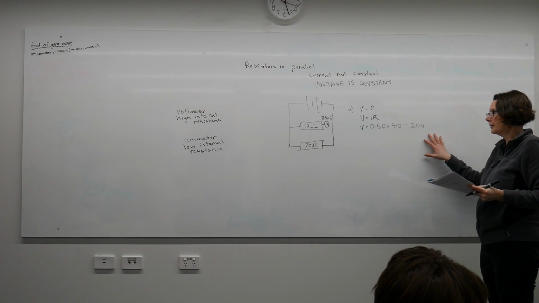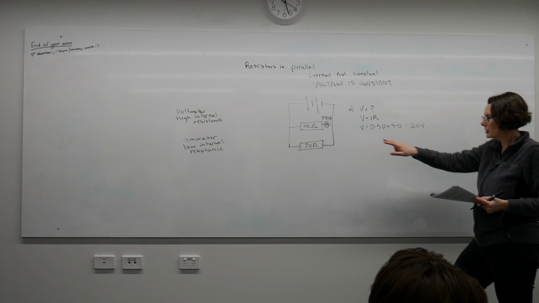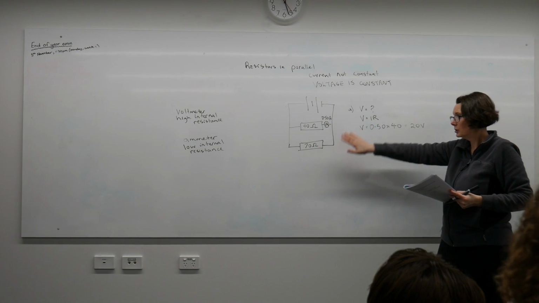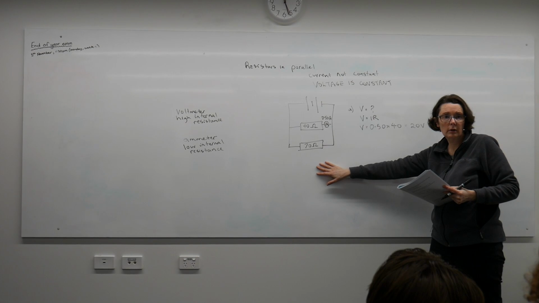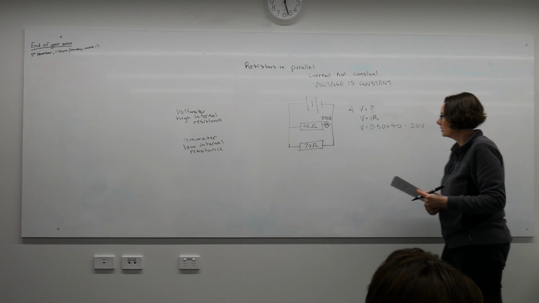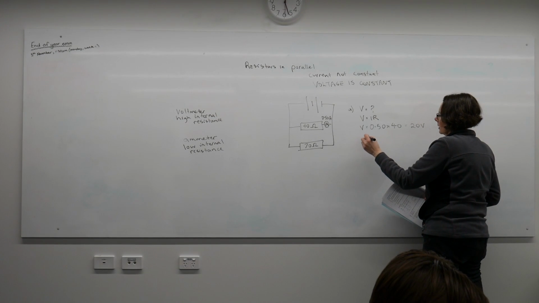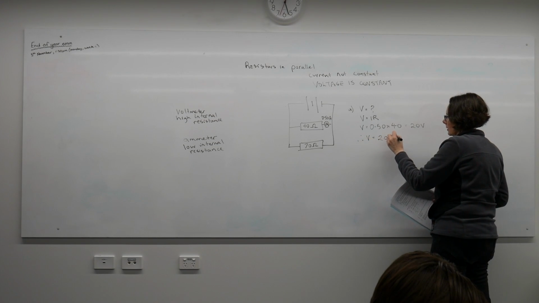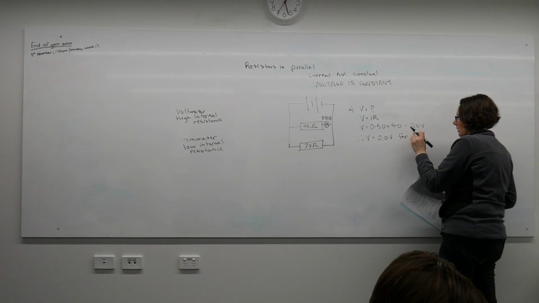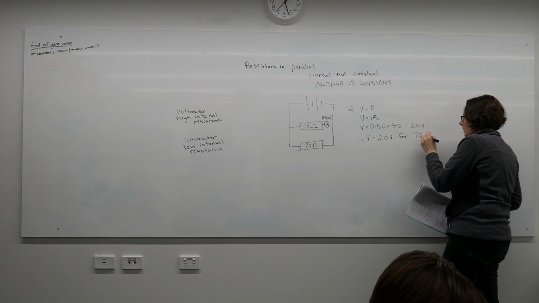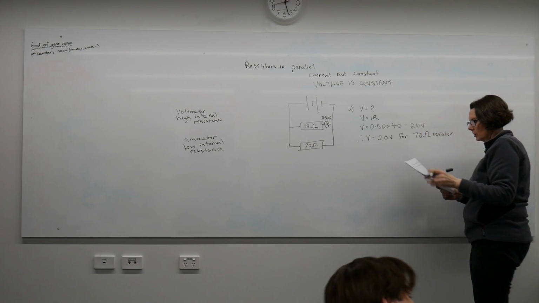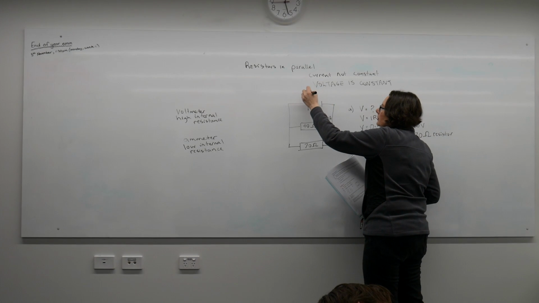Now, that's the voltage across this resistor, but voltage is constant, so it's the same voltage for the 70 ohm resistor. Okay? So now we know this is 20 volts.